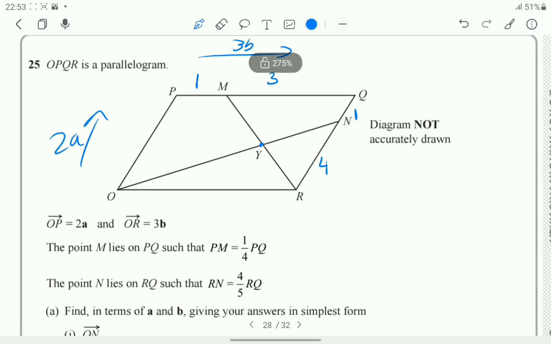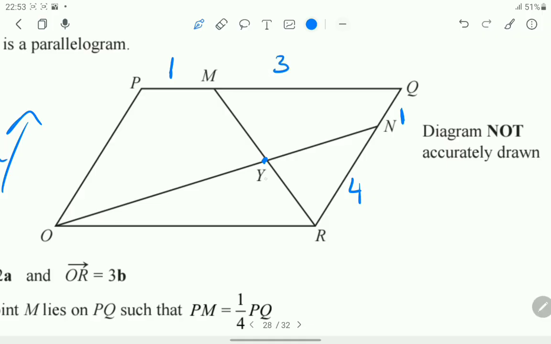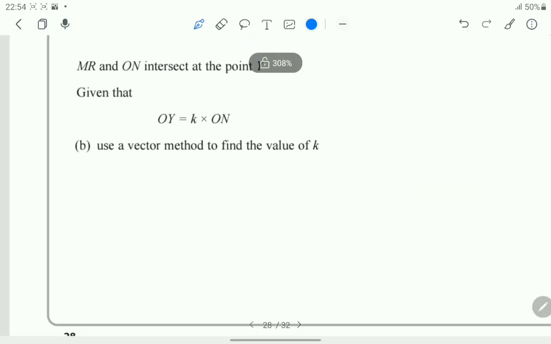K. So let's just assume that this whole line ON is 1 in terms of ratio. So OY would be K ratio and YN would be 1 minus K. And similarly, if MR is one whole line, and MY is x of that, then YR should be 1 minus x, and we know that OY equals K times ON.